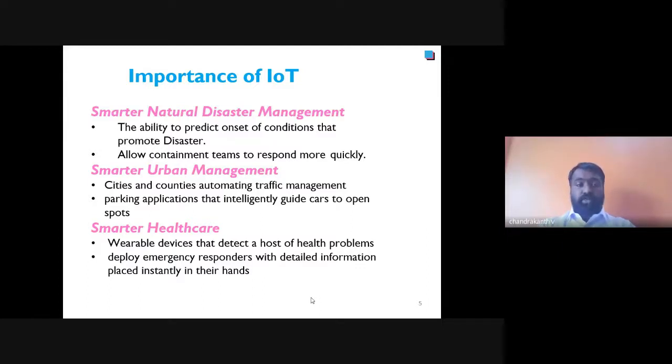So all those scenarios we've taken into consideration, and people have prepared wearable devices that detect a host of health problems. And with the data from these devices, the hospitals will get to know the exact condition of the patients, and then they can deploy a responder. Like if a medical unit has to be sent to a particular place based upon the emergency, it could be arranged.